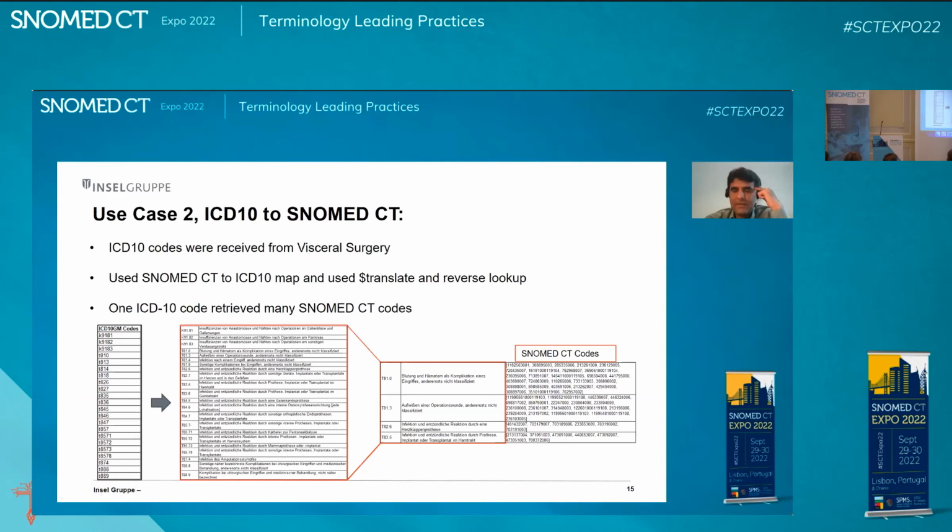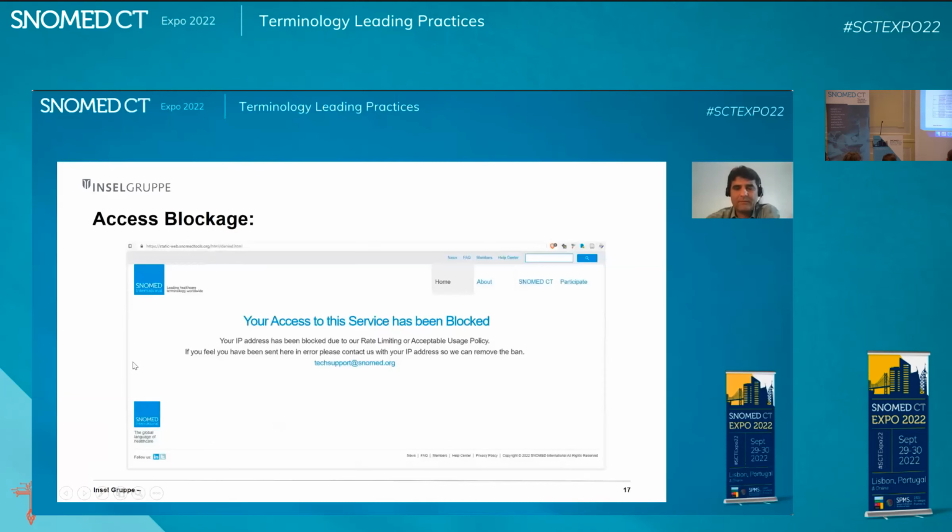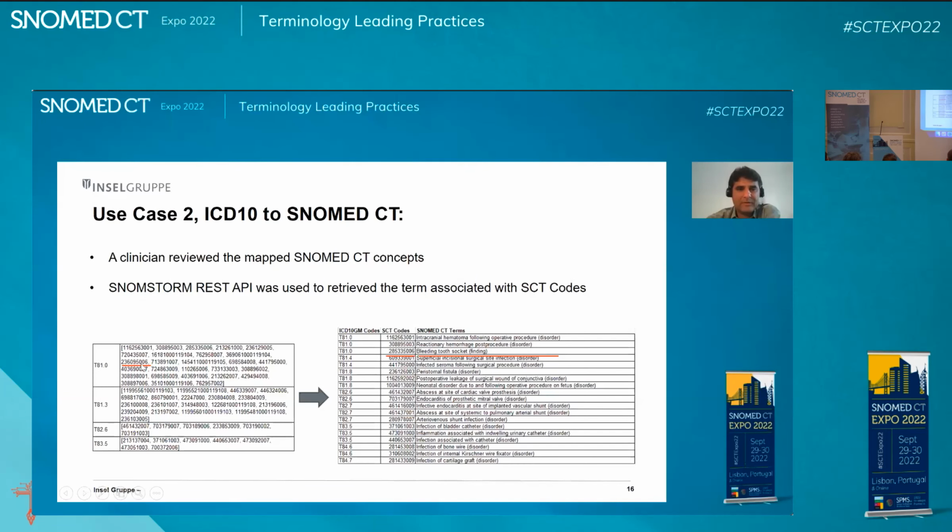In our case, we asked our clinician to check, but before discussing this, I will show you the end result, because there are only codes. After getting the codes associated with the ICD-10 code, we were interested in retrieving the terms associated with those codes, meaning the SNOMED codes and the associated terms where the concept has been defined.